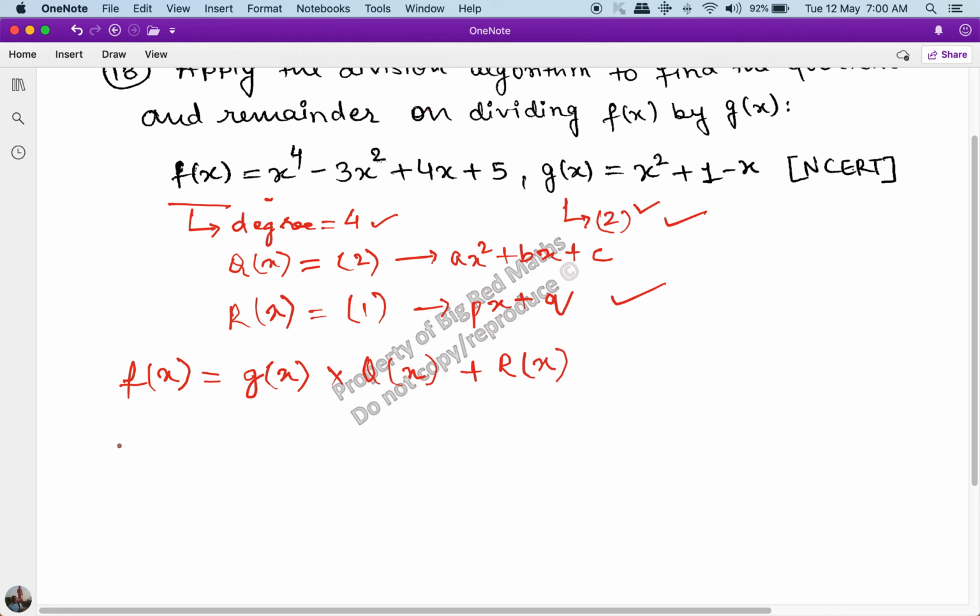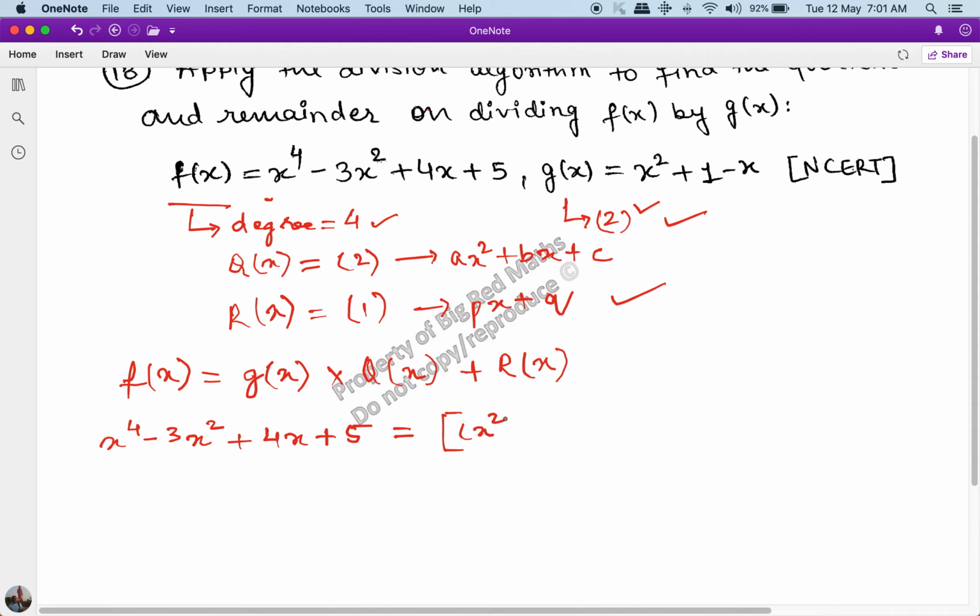Now f of x is given as x to the power of 4 minus 3x squared plus 4x plus 5, and this is equal to g of x times q of x in a bracket.